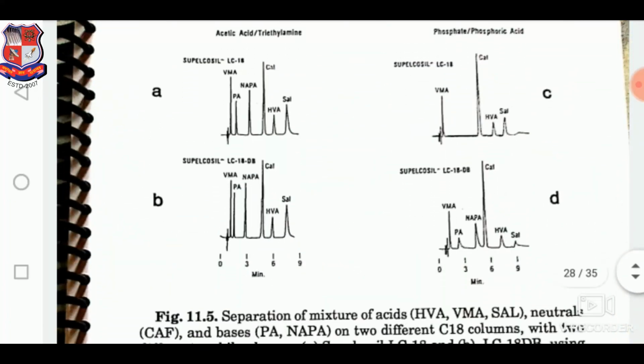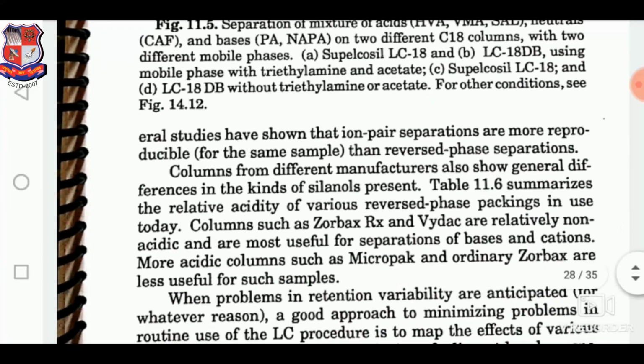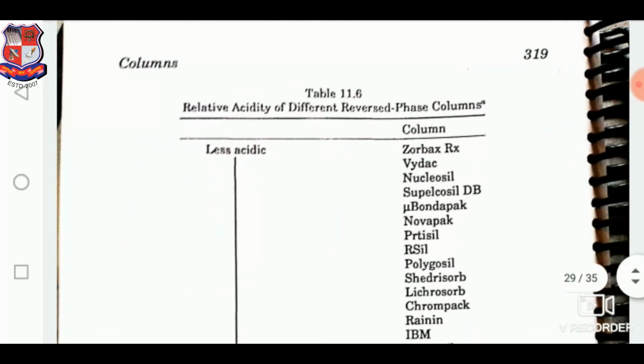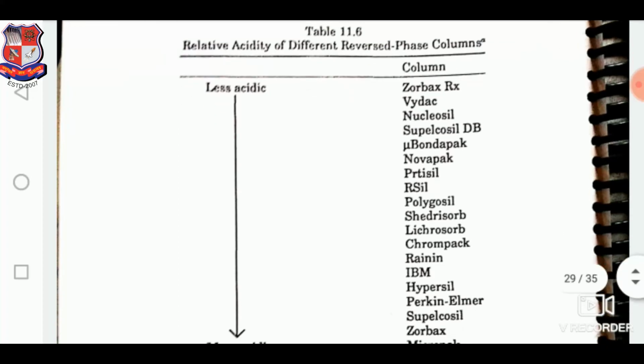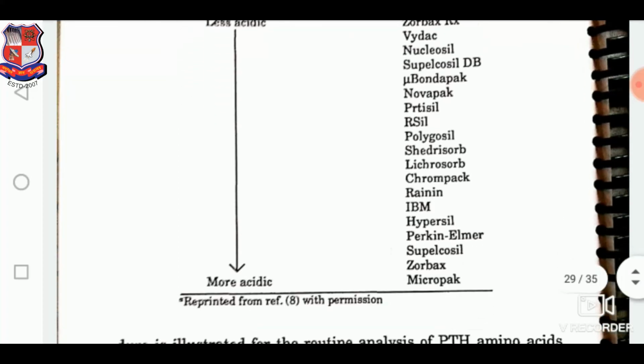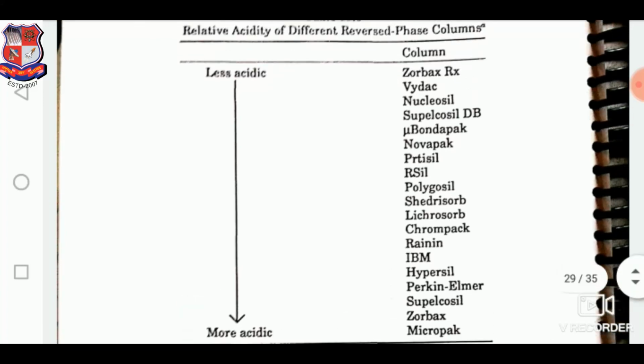Here are a few figures, chromatograms illustrated over here. This is the relative acidity of different reverse phase columns, starting from Zorbax RX to Micropak. Micropak is more acidic compared to the Zorbax.